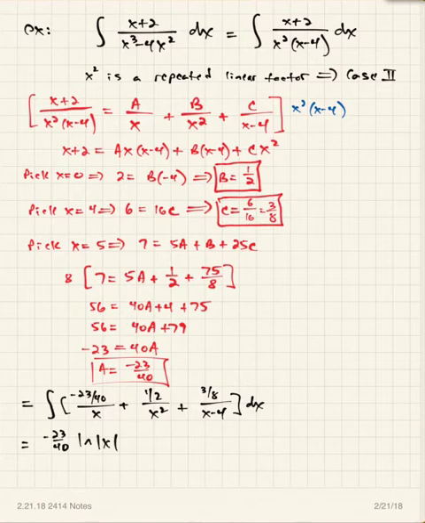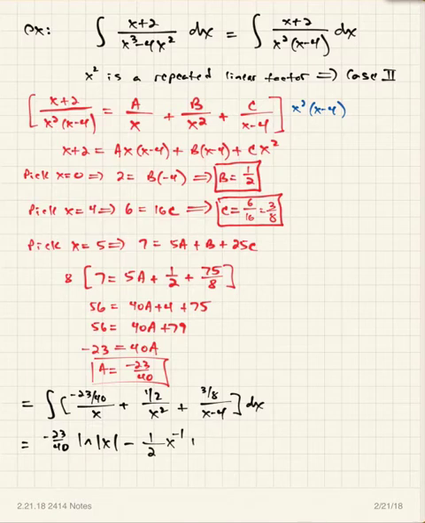Second fraction, be careful, is the power rule. It's not a logarithm, because that's x squared in the denominator. So that's x to the negative 2. So that would give me negative 1/2 x to the negative 1. And then the next term would also be another logarithm.